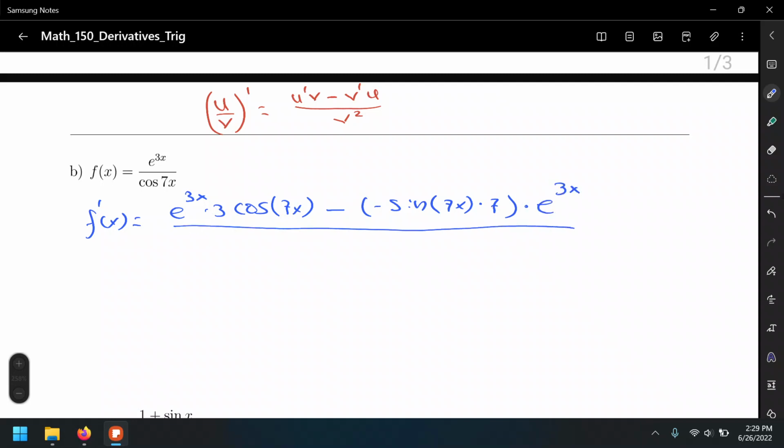The whole thing gets divided by v squared, which is cosine of 7x quantity squared.